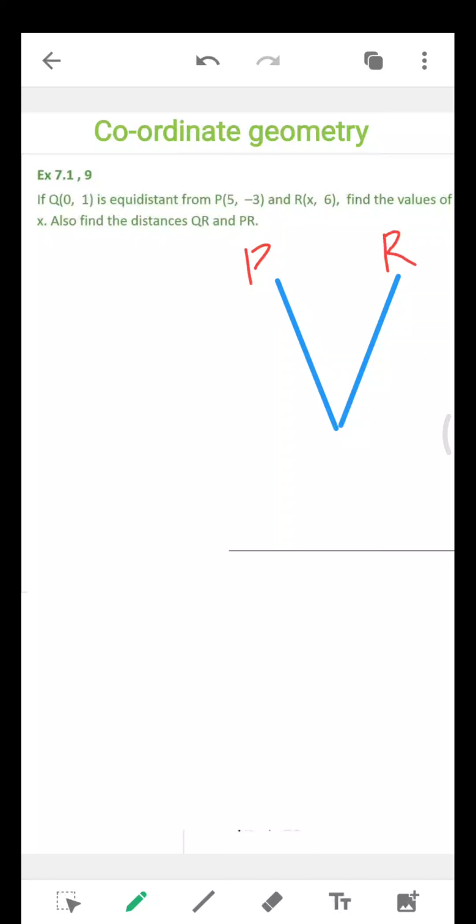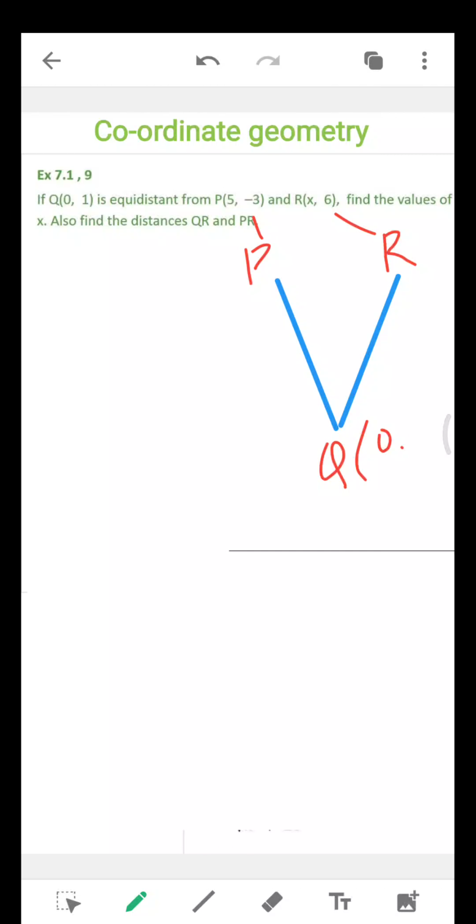Point P is nothing but 5, minus 3 and point R is nothing but x, 6. So these 2 points can be any 2 locations on a graph, on a map. These 2 are equidistant from Q of 0, 1.